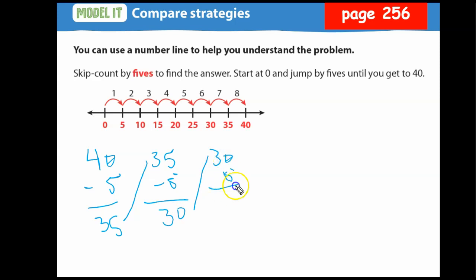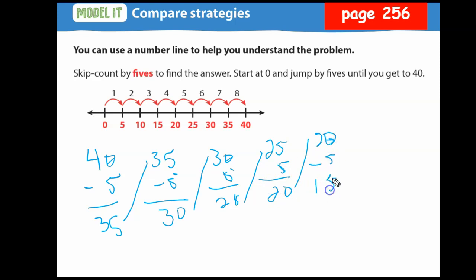30 subtract 5 is 25. 25 subtract 5 is 20. 20 subtract 5 is 15. 15 subtract 5 is 10. 10 subtract 5 is 5.